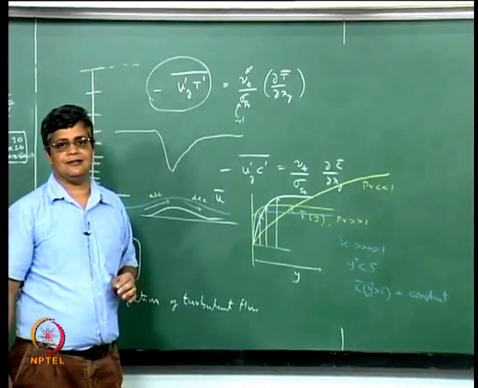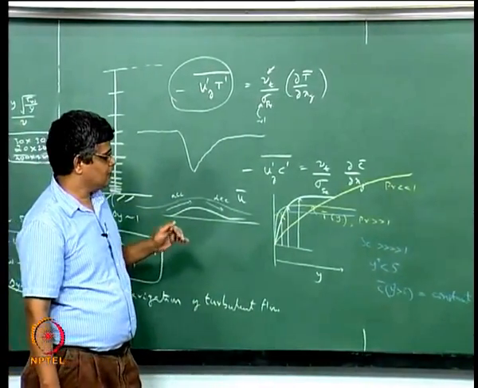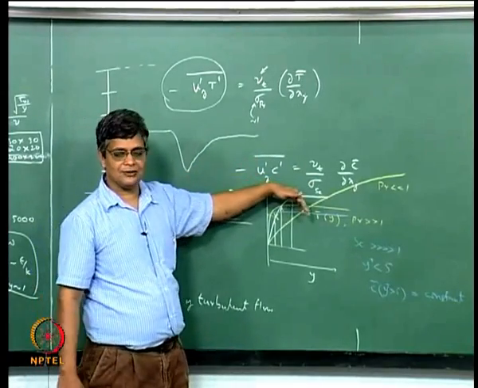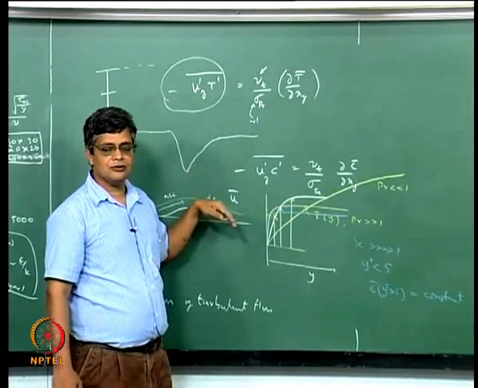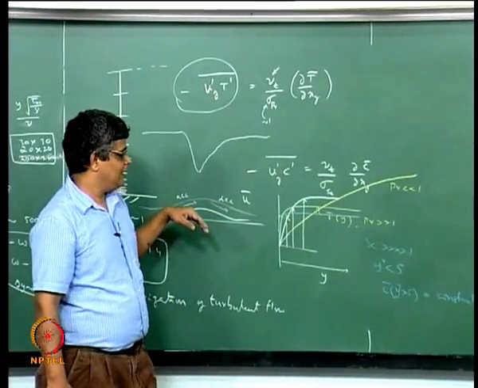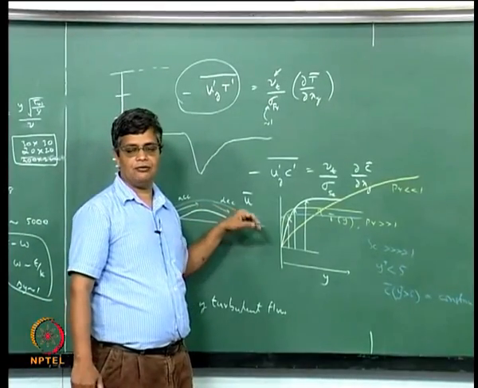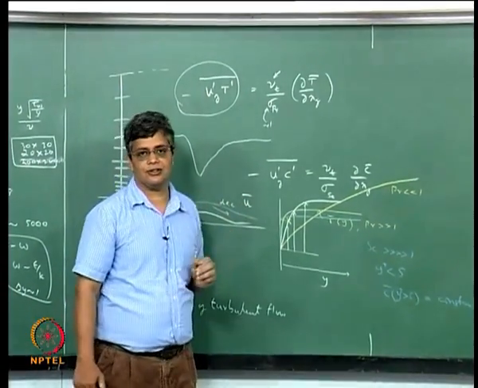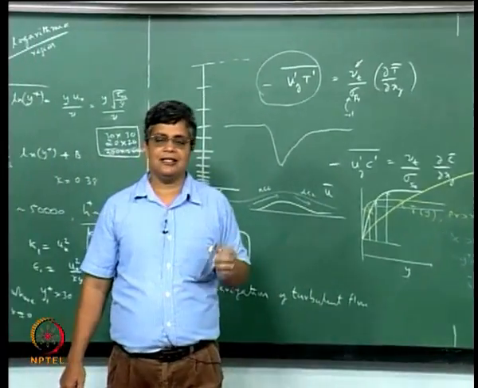So where you have wall dominated heat transfer or mass transfer, it is important to look carefully at the near wall treatment of the turbulent diffusion of these quantities in turbulent flow.